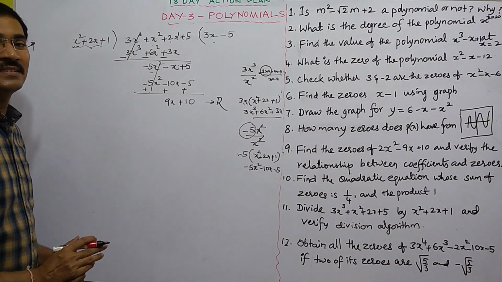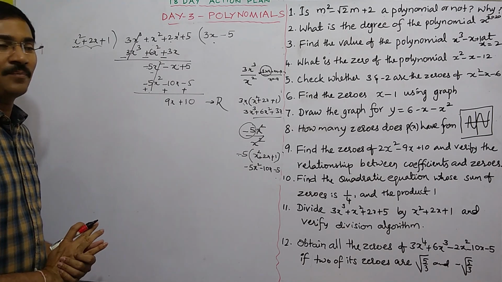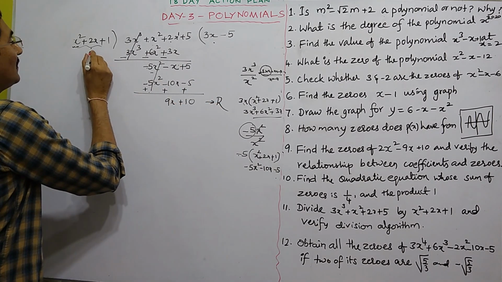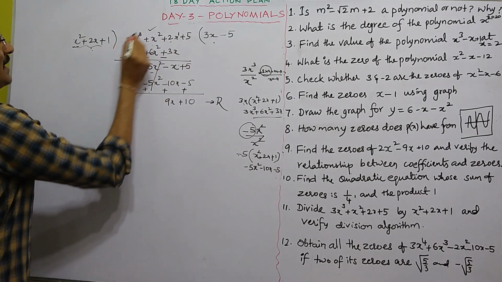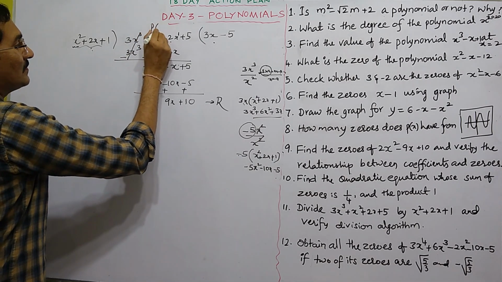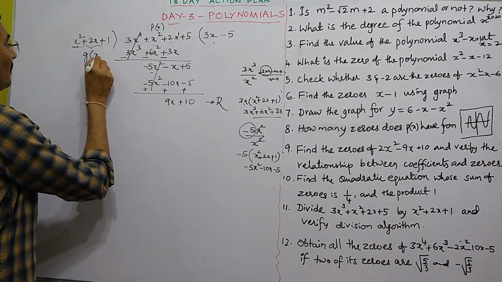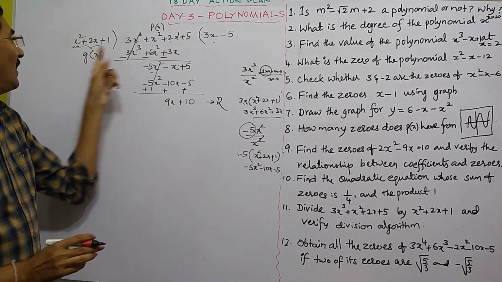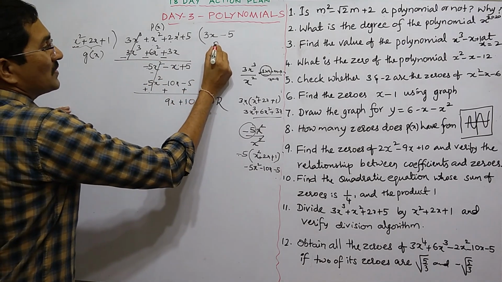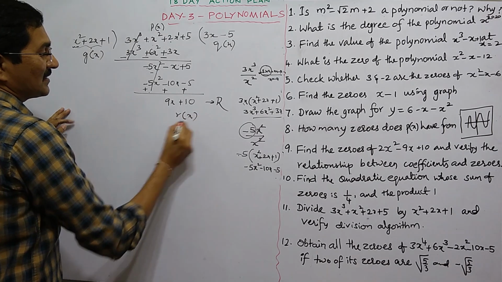Now, is it right? Yes, we learnt in the first chapter that the division algorithm applies here also. Here, this into this plus this should give you this one. So let this be p of x, let this be g of x, and the quotient we get, let this be q of x, and the remainder be r of x.